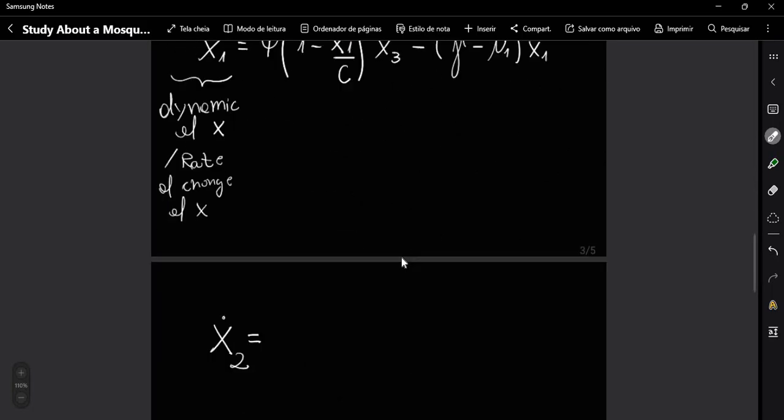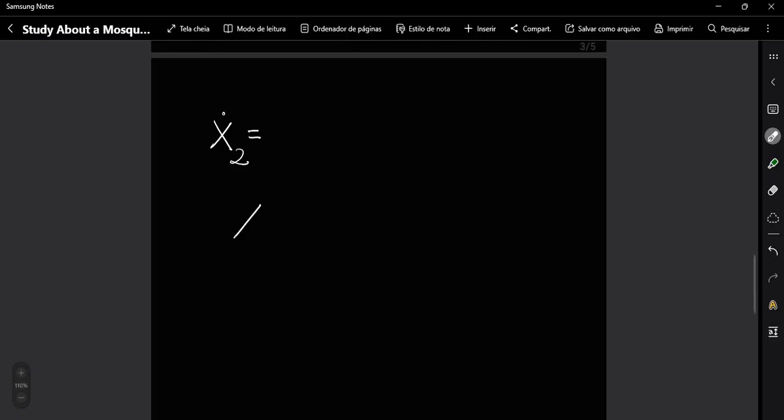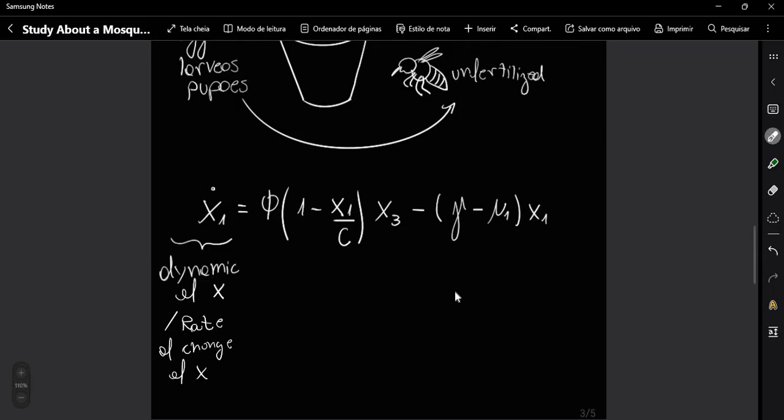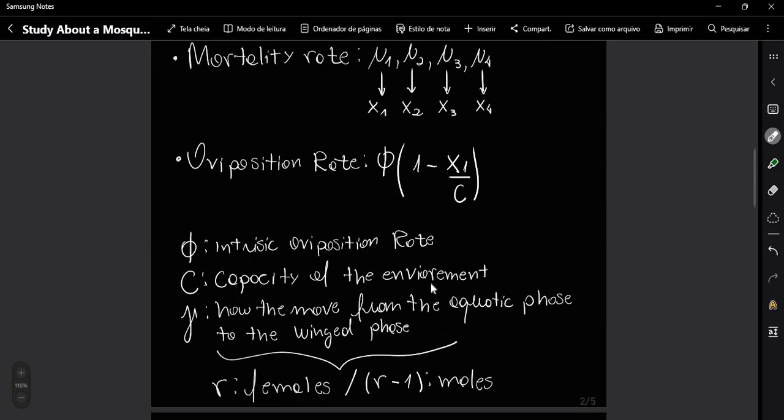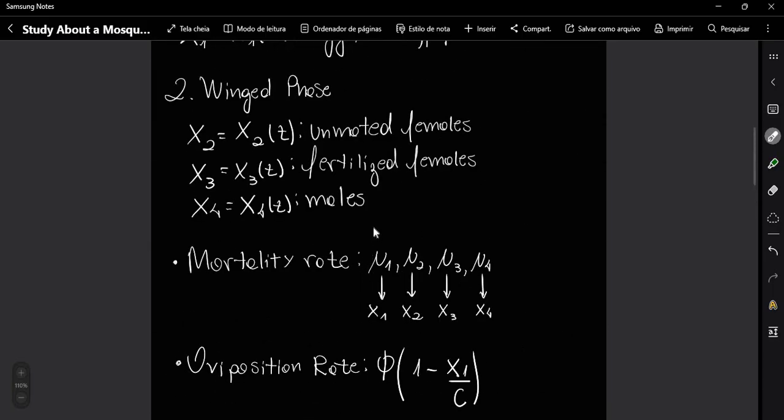We got x2 itself, which is again the density of individuals of the mosquito population, represented by the unmated females, the females that did not mate.